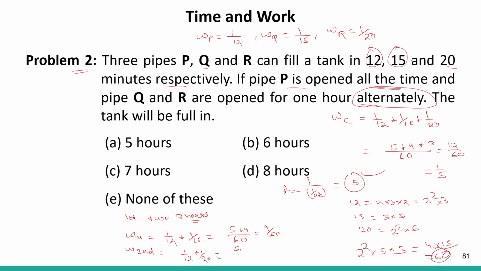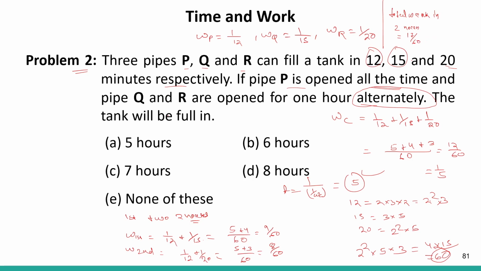It will be 5 plus 3 over 60, that is 8/60. So combining these two, how much would have happened in 2 hours? The total work in 2 hours is 9/60 + 8/60, so it will be 17/60.